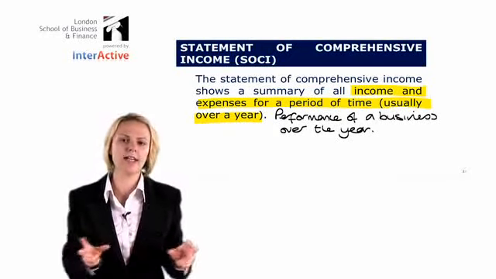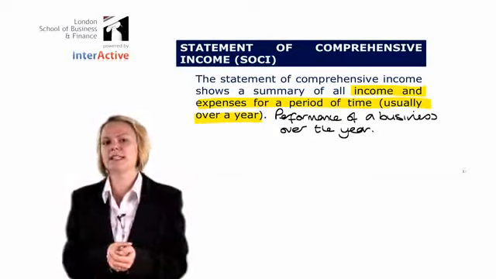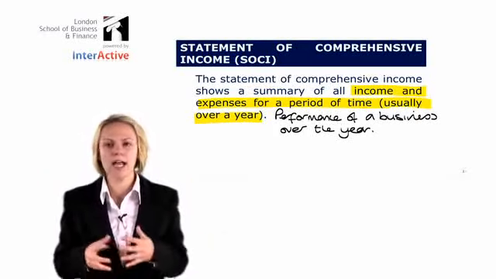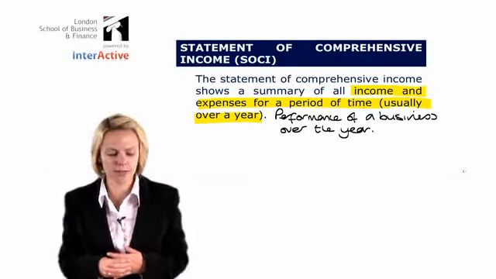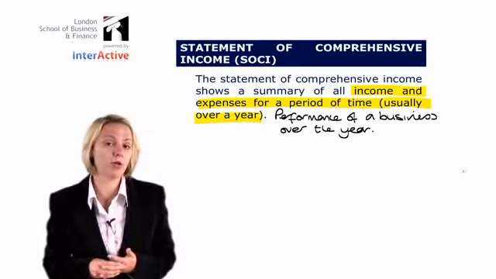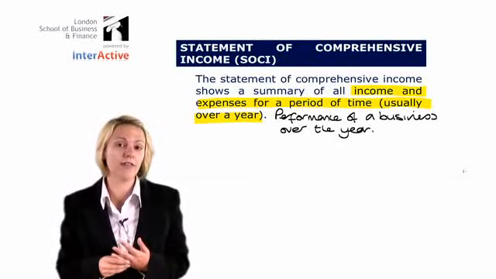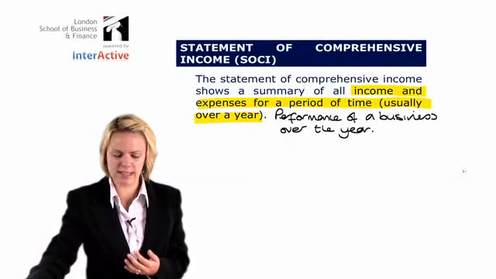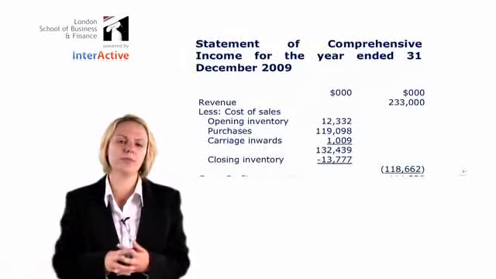It's going to show a profit or loss at the bottom. This is really one of the most important things you can learn in F3. So let's take a look at it.